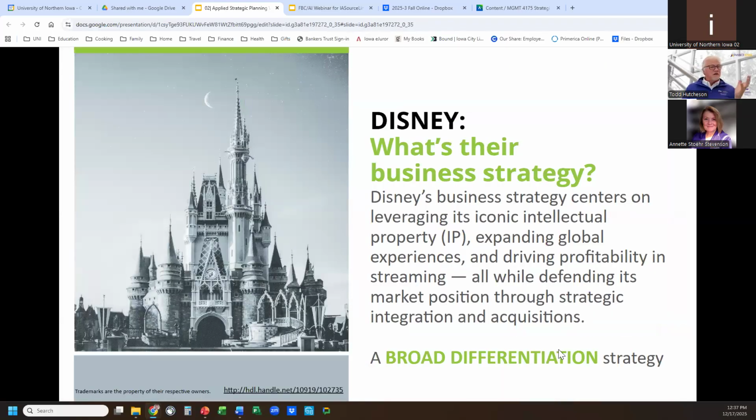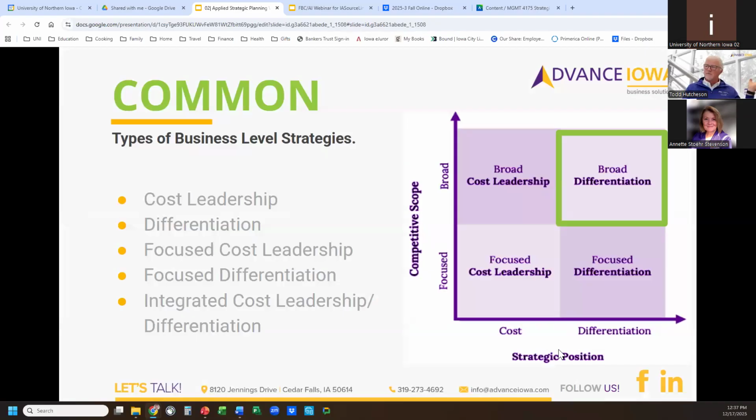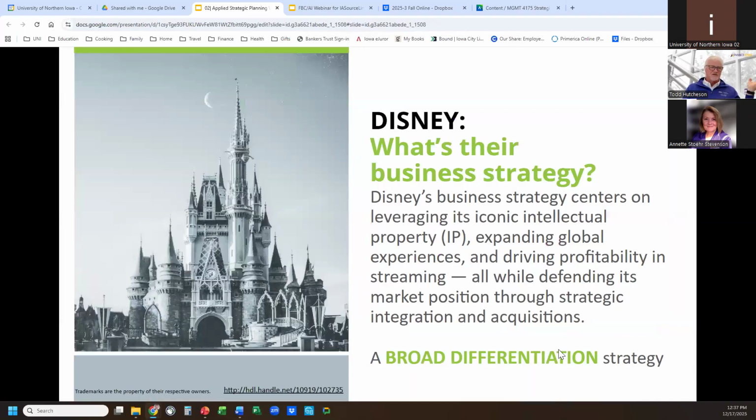Let's take a look at an example. Disney. Probably a broad differentiation strategy, but what is Disney's business strategy? Everybody's pretty familiar with Disney. Centers around, it's got iconic intellectual property.